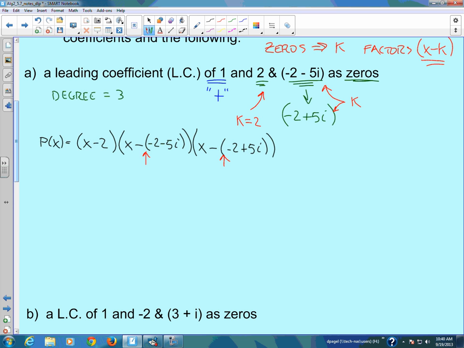So really I've got x minus 2, and x plus 2, and then a plus 5i here. And then I have an x plus 2 minus 5i.